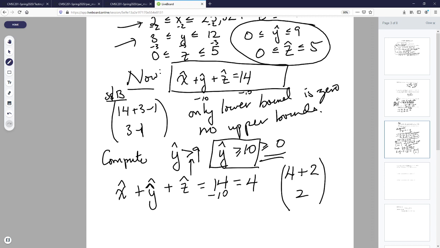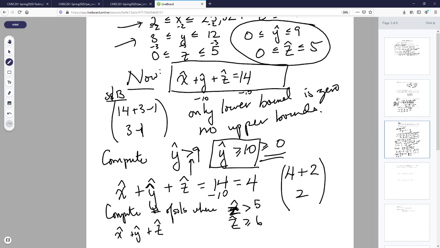Okay. So now we compute the number of solutions where z hat is bigger than 5. So that means that z hat is bigger than or equal to 6. So we're going to use the original equation, x hat plus y hat plus z hat equals 14.